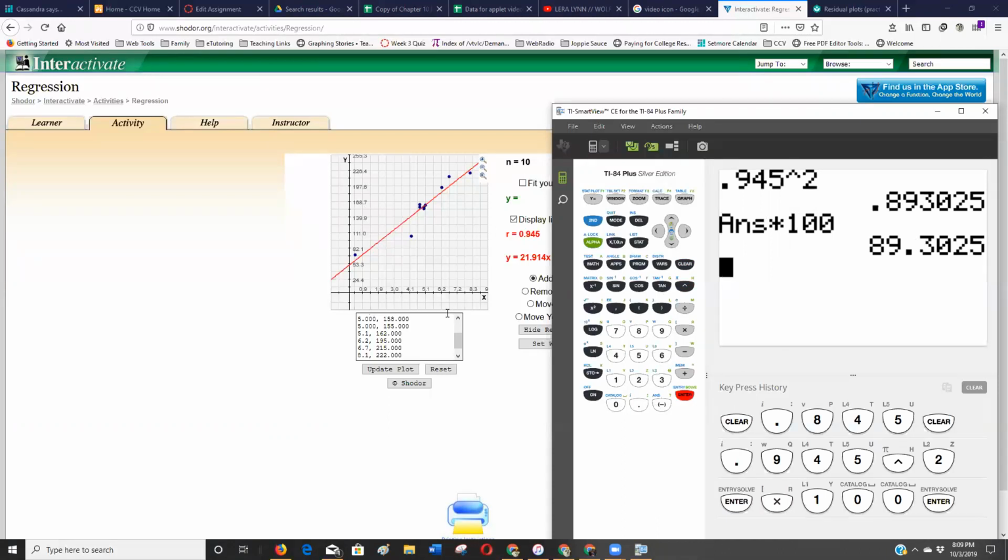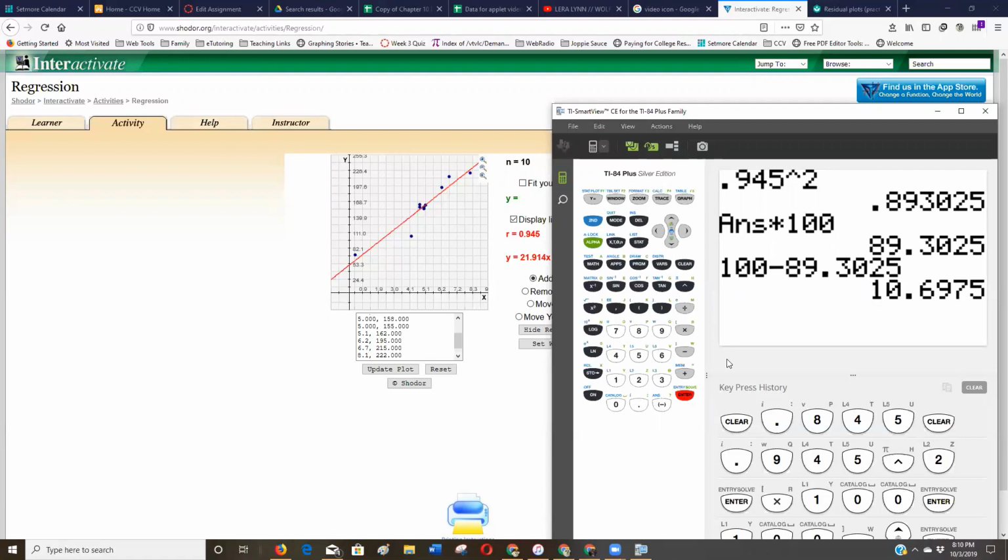I hope you notice the language I use there. 89% of the change in the calorie content can be explained by change in the alcohol content. And if we think about it as 100 minus that answer, about 11% can be explained by other things that we aren't measuring, lurking variables, et cetera, okay?